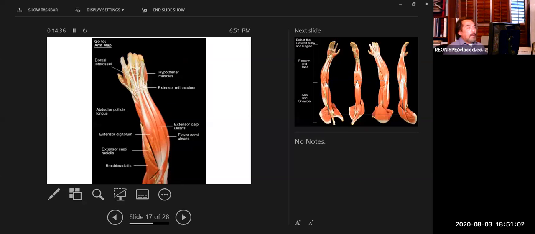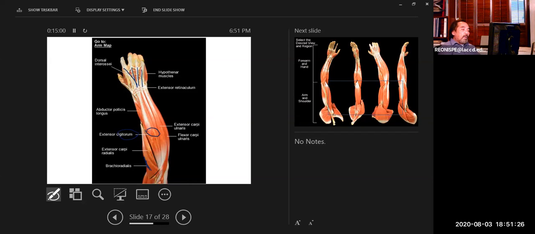Then the posterior compartment of the forearm, and remember, I'm looking here at where the tendons go to the digits. So I'm going to trace it up here, and that's going to be the extensor digitorum. My landmark here, brachioradialis.